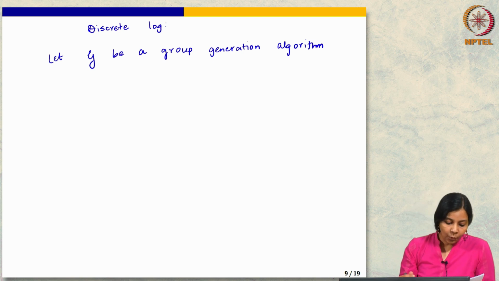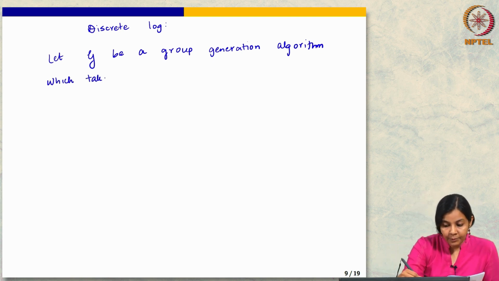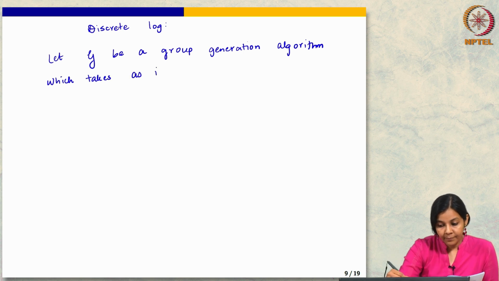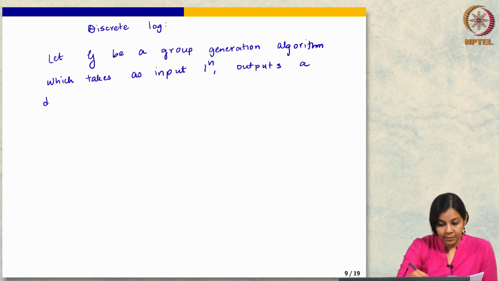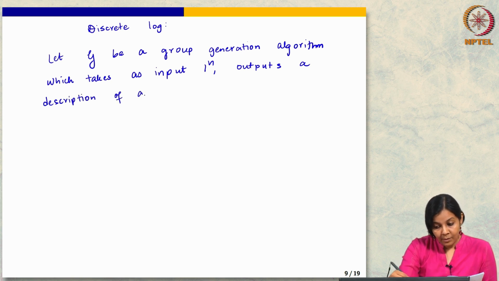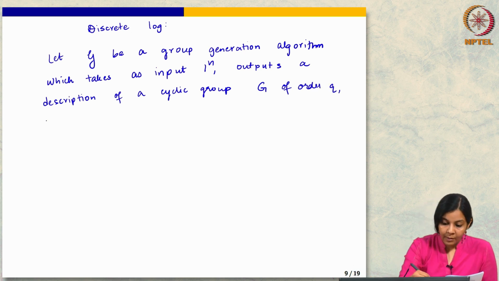So this algorithm takes as input n and outputs a description of a cyclic group G of order q such that the size of q is n.